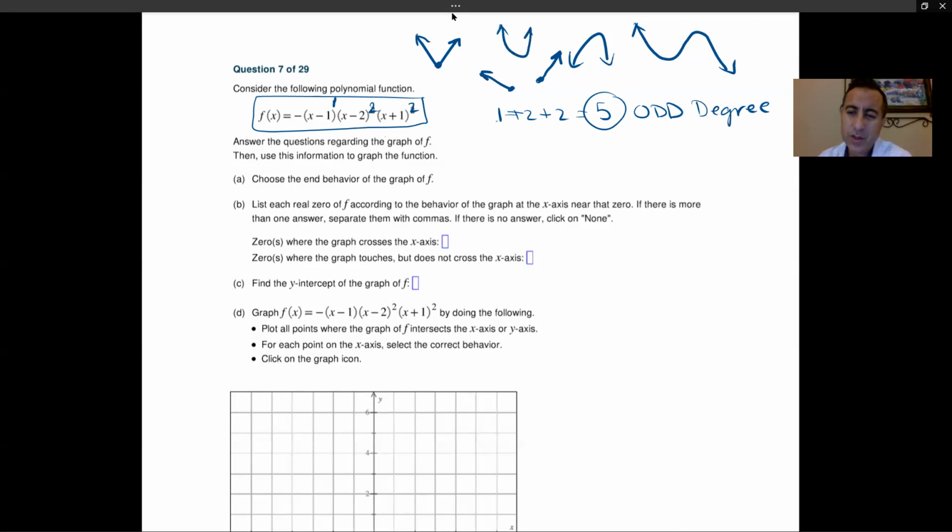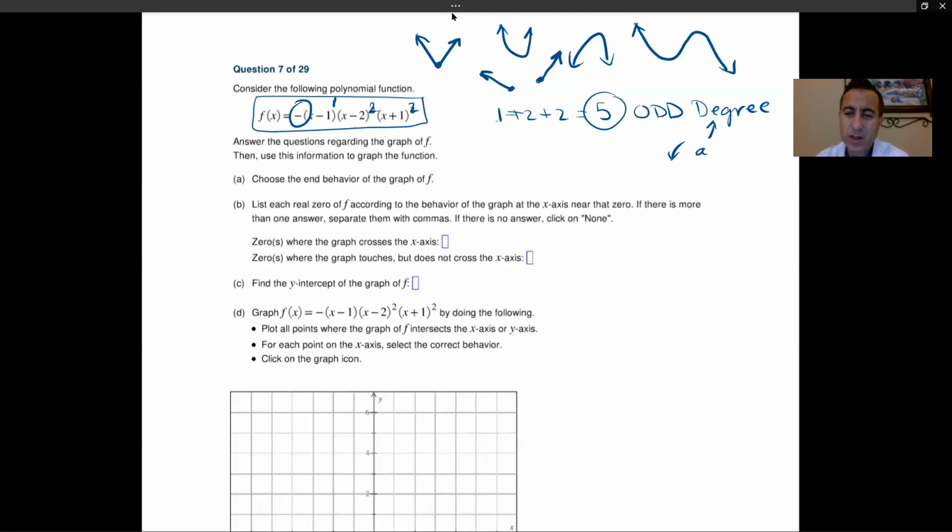If it's an odd degree, then for polynomials, you expect them to rise on the right side and fall on the left. They all rise on the right, but with this leading coefficient here, it's negative, so this is going to switch.